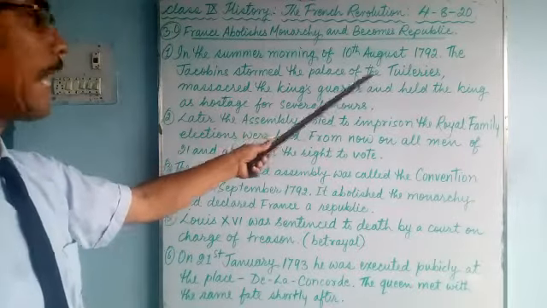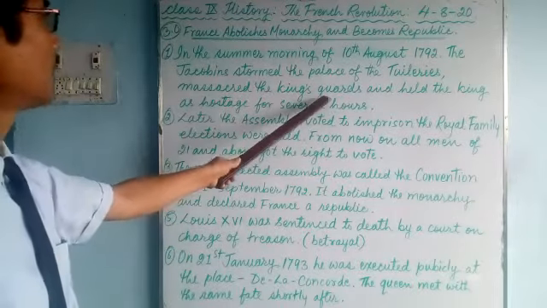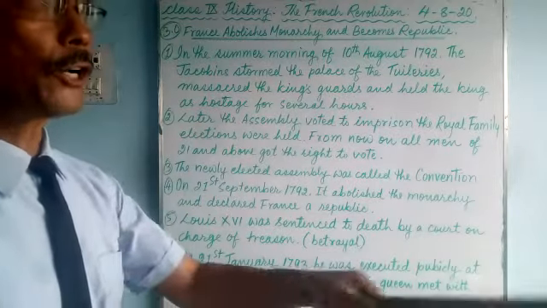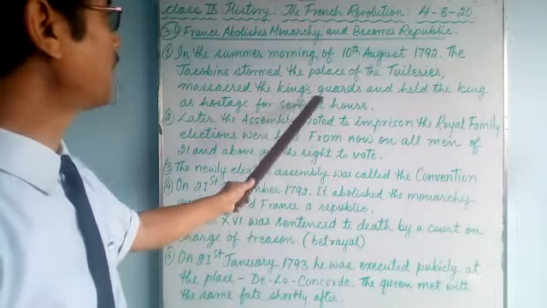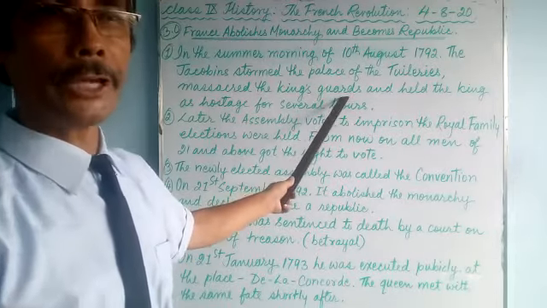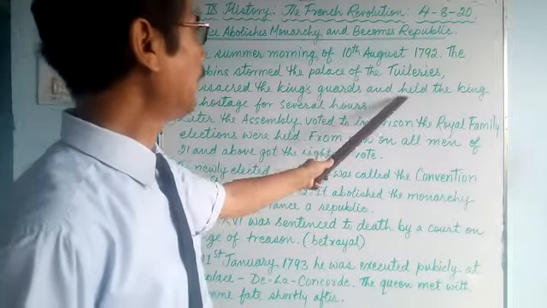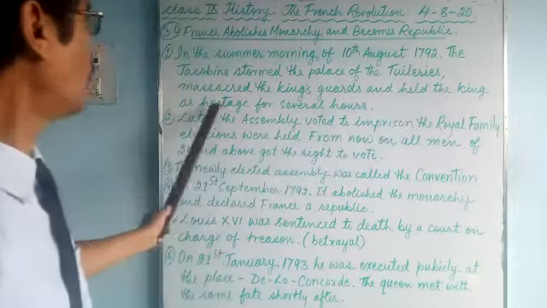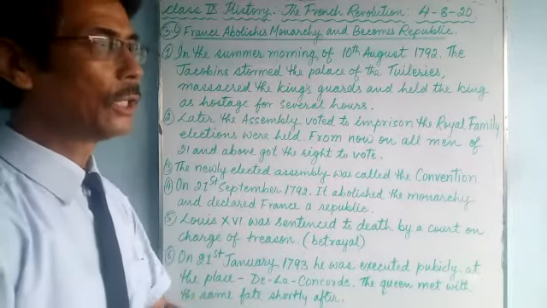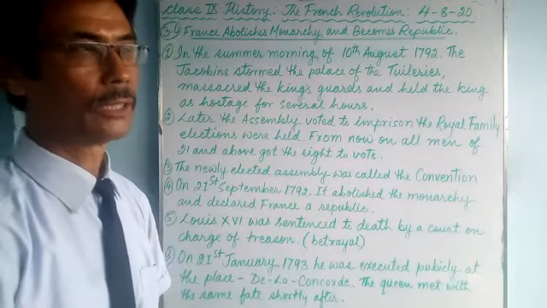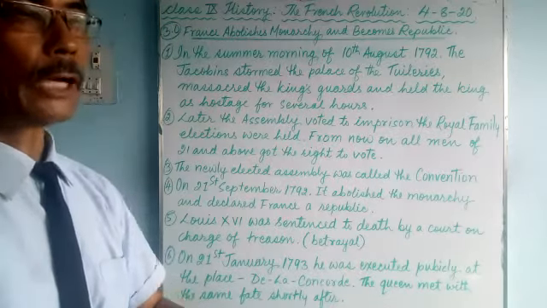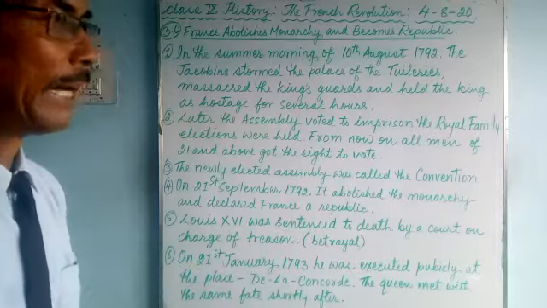The palace was attacked, and the king's guards were massacred. Massacred means killed. They entered the palace and held the king hostage for several hours. He was not allowed to move out of the palace. The Jacobins surrounded the palace and held him hostage.